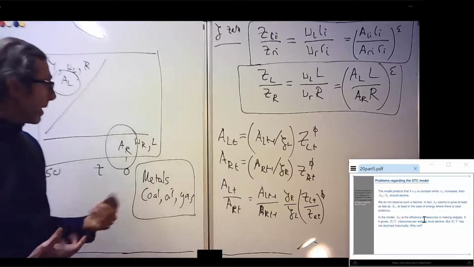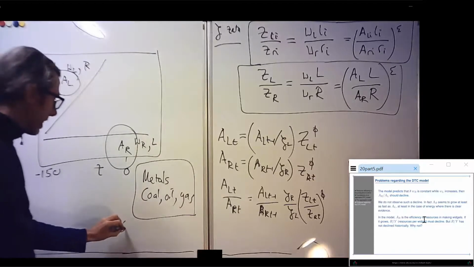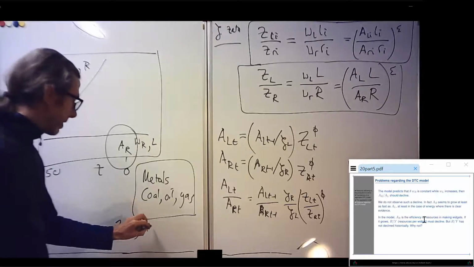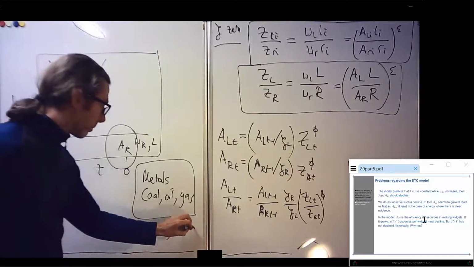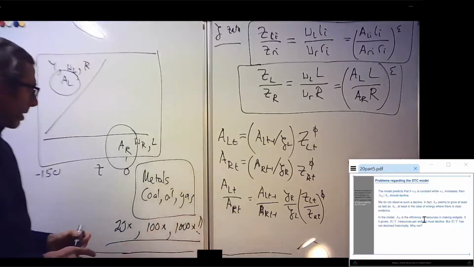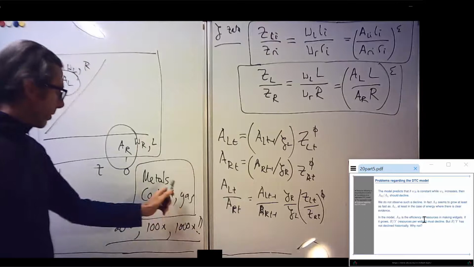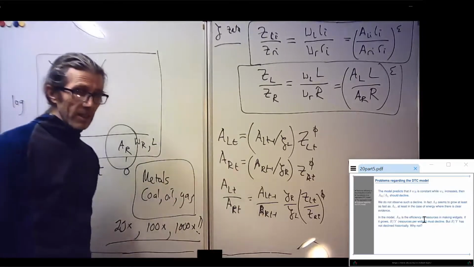Well, it depends on the sector, but it could be anything from about 20 times more to 100 times more, or even 1,000 times more. The efficiency with which we can use resource inputs, especially energy inputs, has gone up massively.